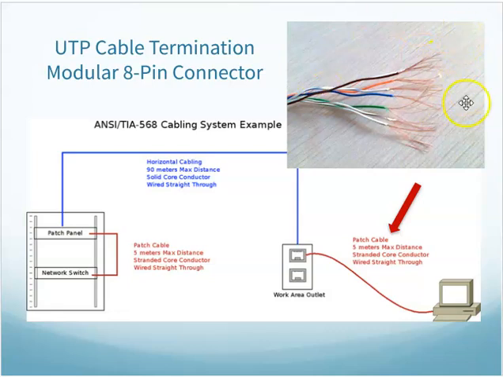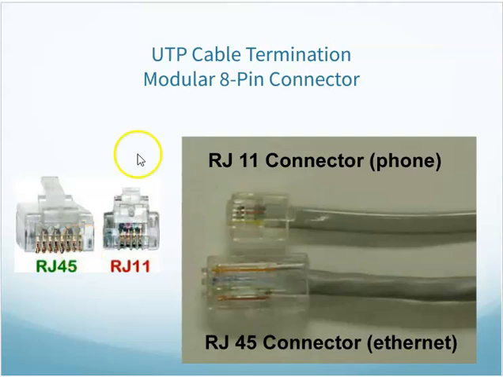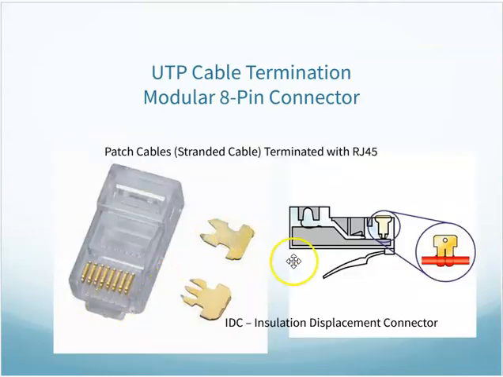So over here on the stranded cable for patch cables, if I look at the modular pin connectors and break them apart, I find these little brass pins in here. Those little brass pins have teeth on them, so when I crimp the connector, those pins get pushed in, cut through the insulation, and make contact with the copper wire inside. That's an insulation displacement connector.